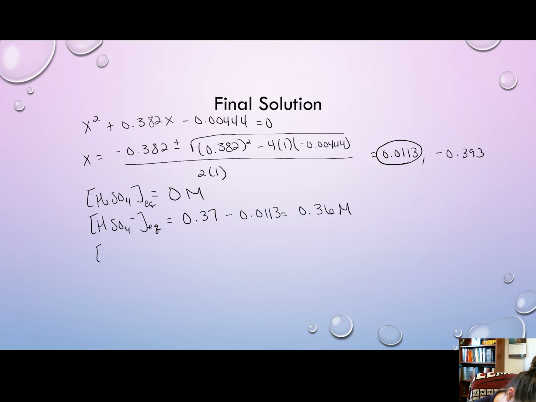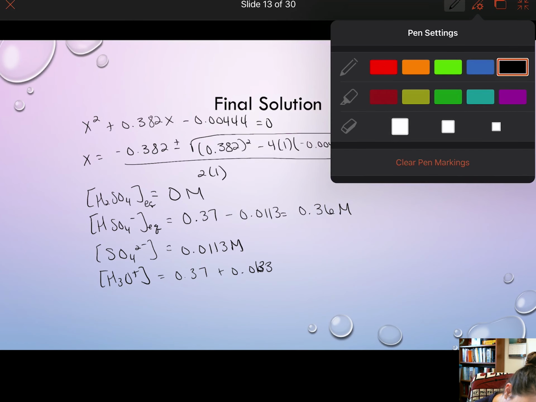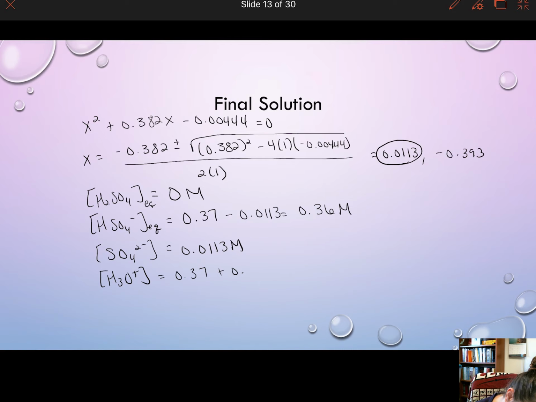Then we had SO4 2 minus equal to x, so it's equal to 0.0113 molar. And we had H3O plus concentration equal to 0.37 plus 0.0113 molar, giving us 0.38 molar there.